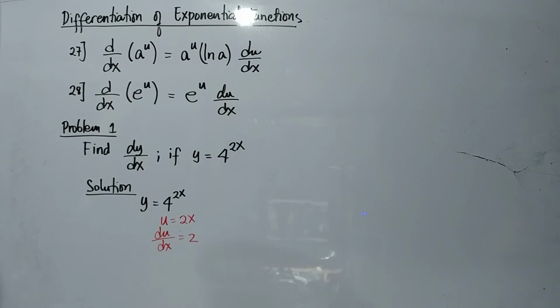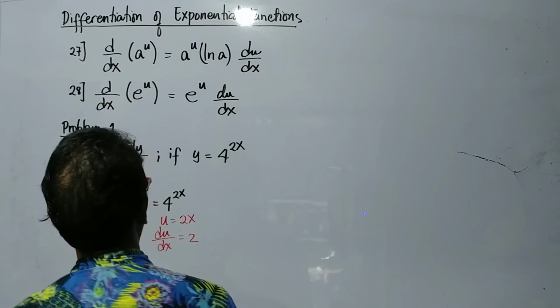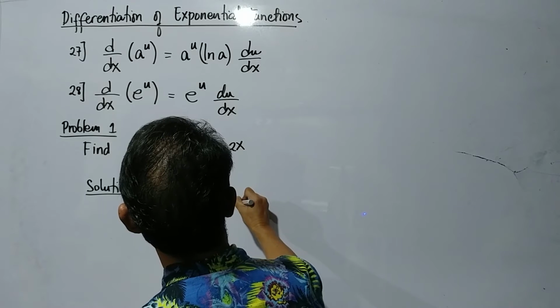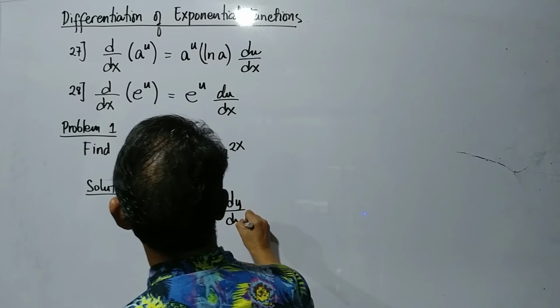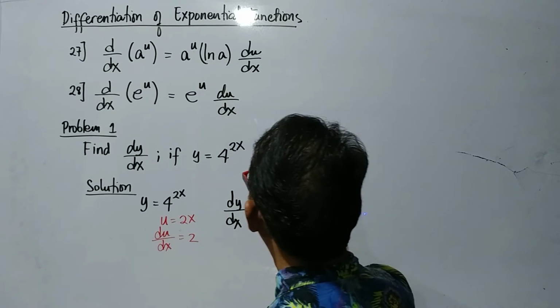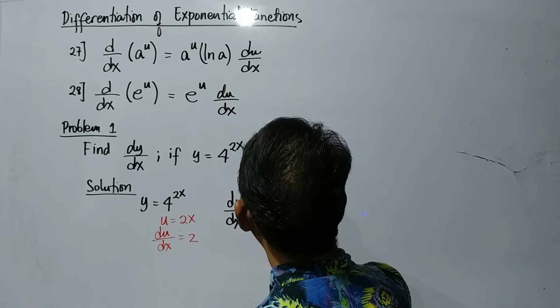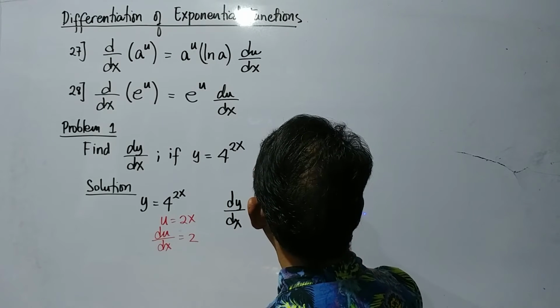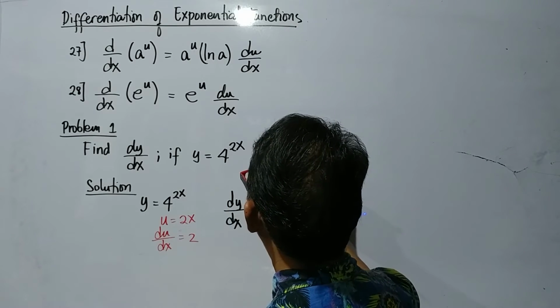So we have now our dy dx is equal to a to the u. So just copy 4 to the 2x multiplied by the natural logarithm of a.